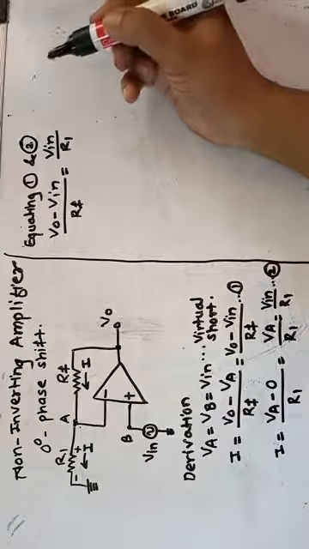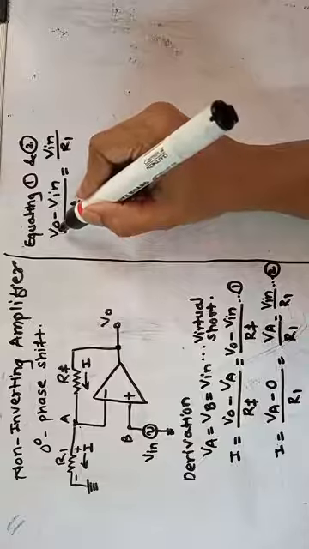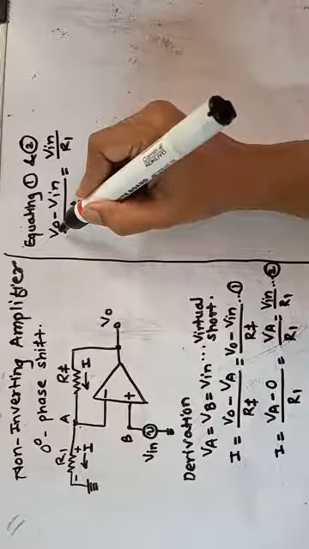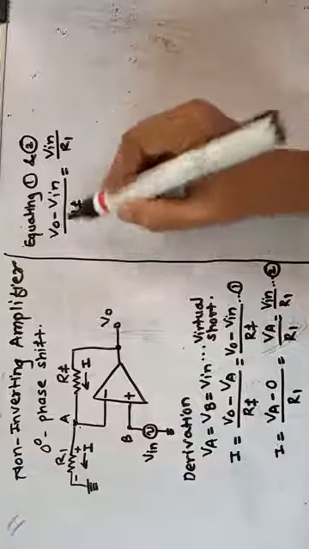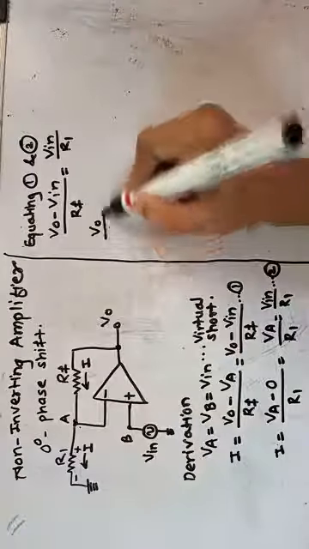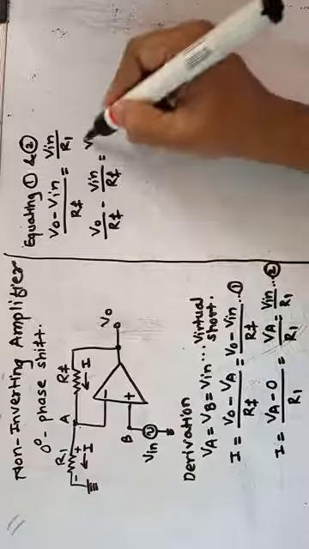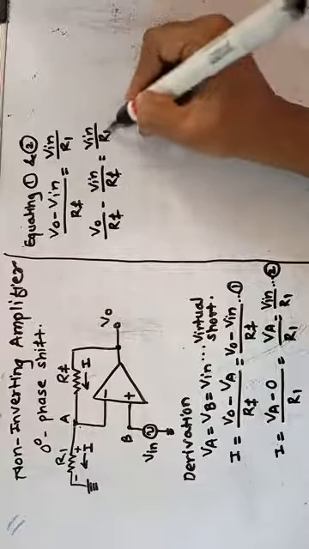But we have to find the derivation for V0, or for the gain, so we want V0 divided by V in. So I can separate it: V0 upon Rf minus V in divided by Rf is equal to V in upon R1.